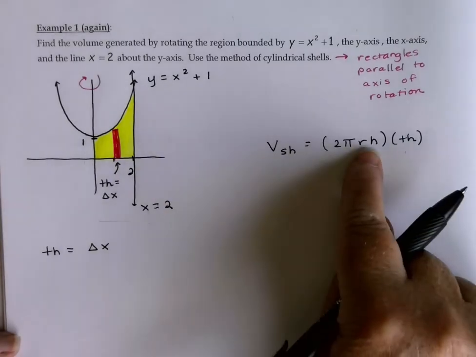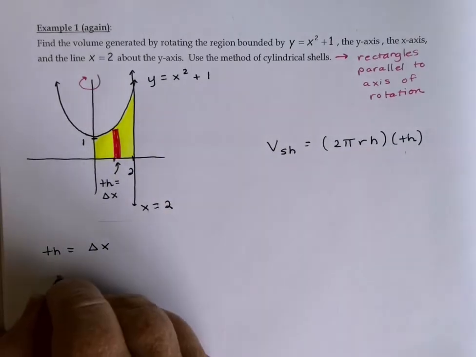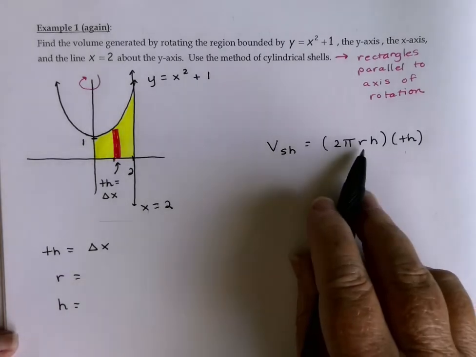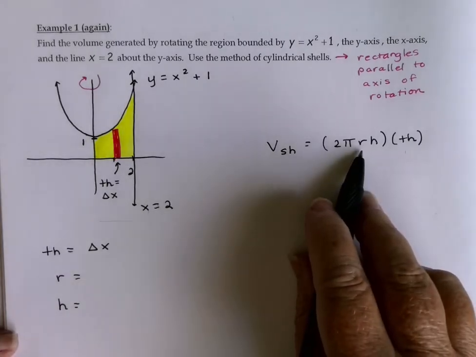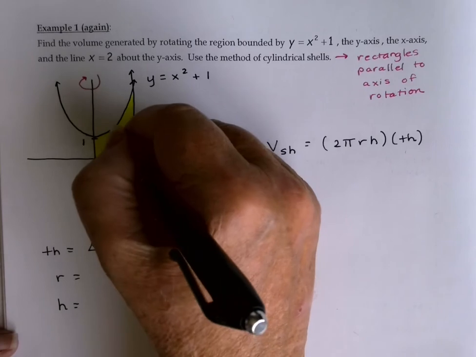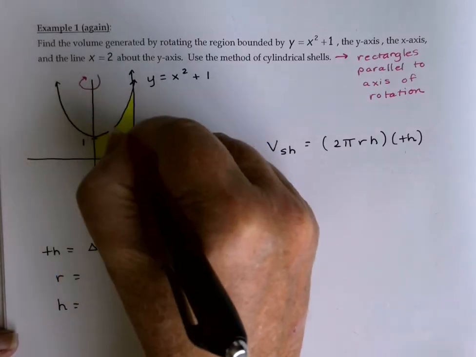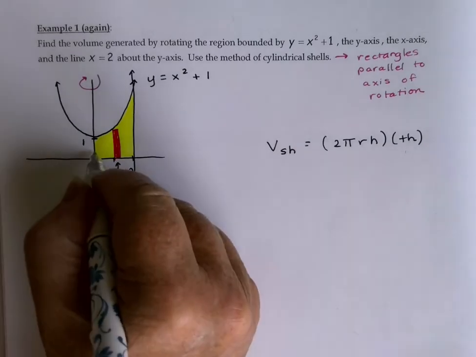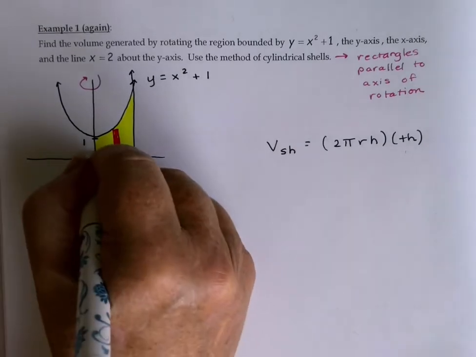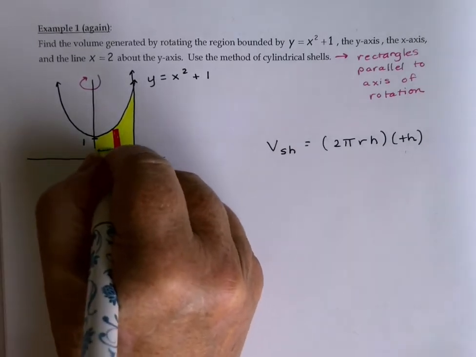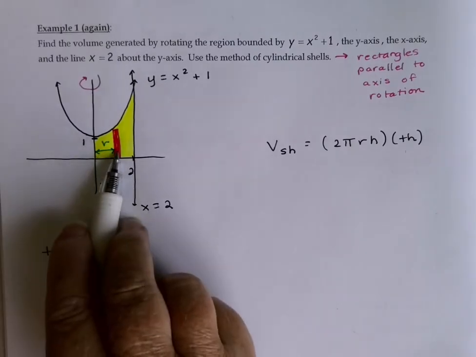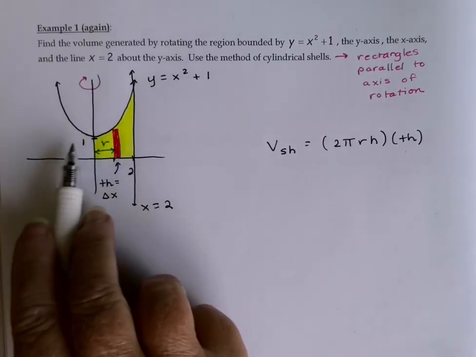I also need to identify the R and the H. Now the radius is going to be the radius of the cylinder that gets generated when you revolve this rectangle around the y-axis. So the radius would actually go from the y-axis to that little rectangle. That radius becomes the radius of the circle when you rotate.